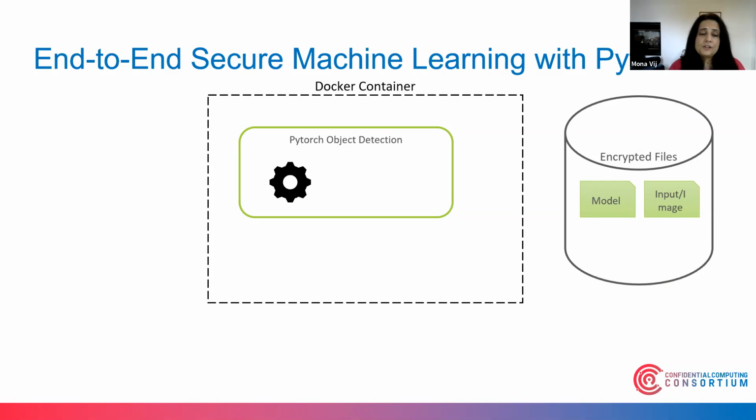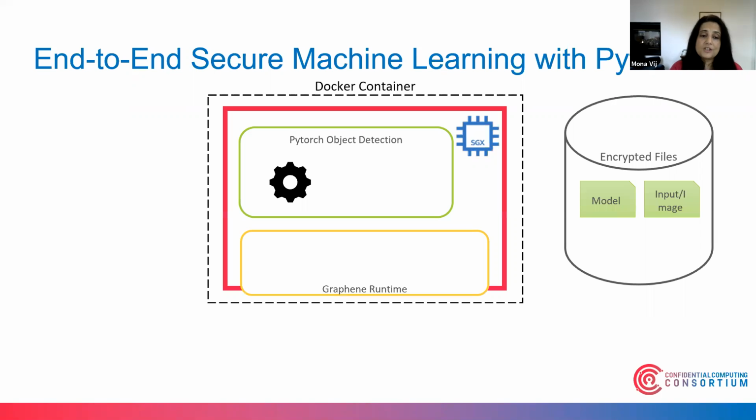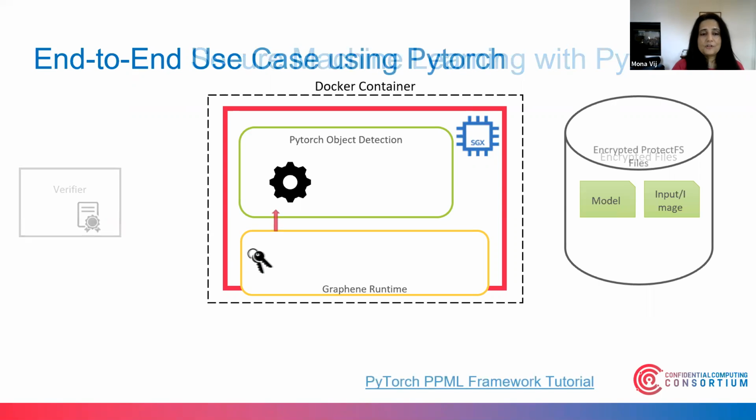In this case, for the deployment, you can start with a vanilla Docker image and give it to GSC, and GSC will wrap this image automatically into the Graphene runtime. Before transferring control to the application, Graphene uses the attestation interfaces that Don described, generates an attestation over the RA-TLS secure channel, sends it to a verifier, and gets the key provisioned. At that point, it transfers the control to the application.